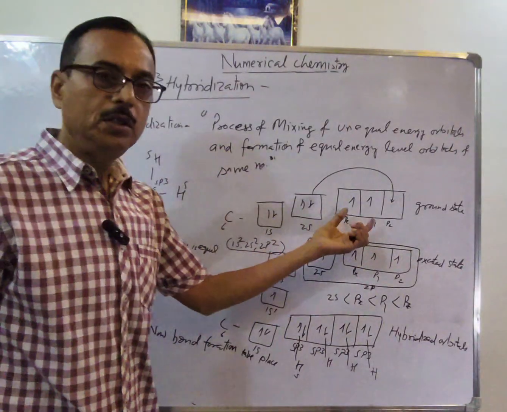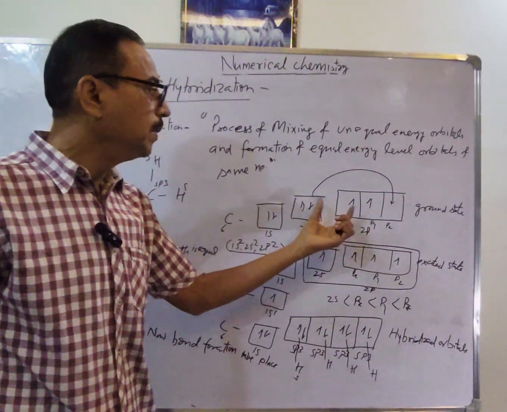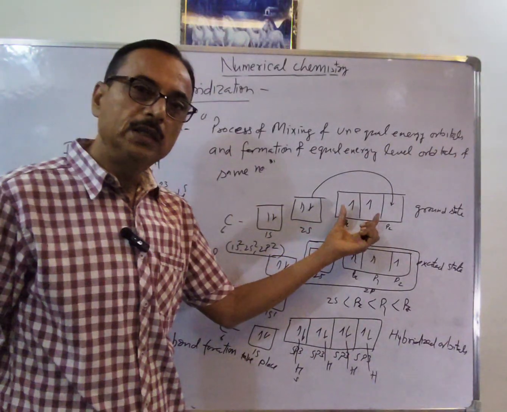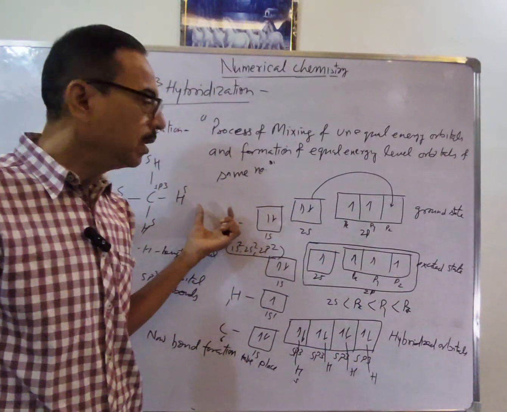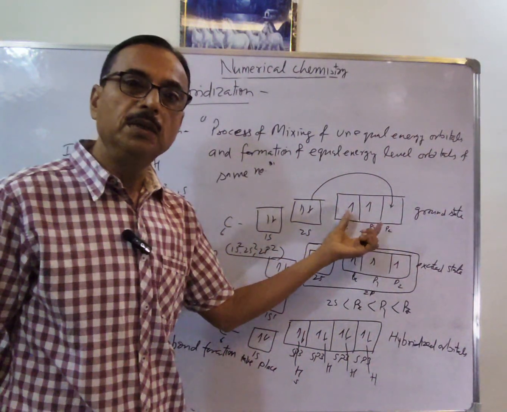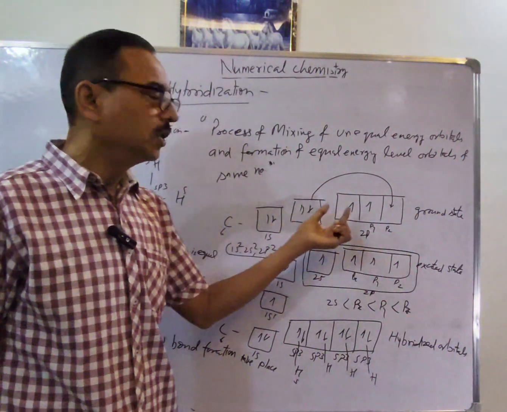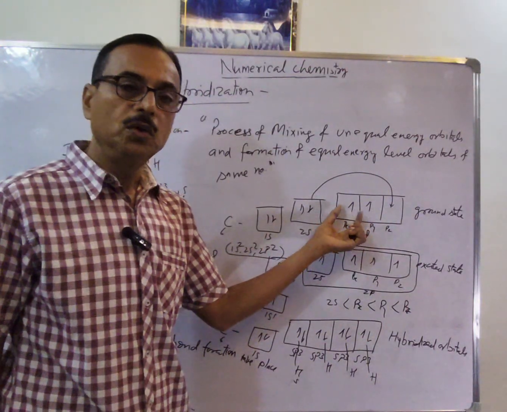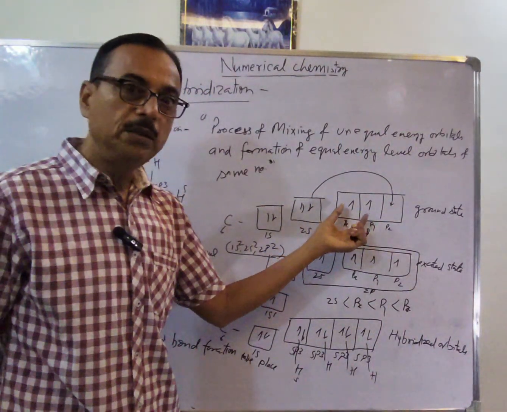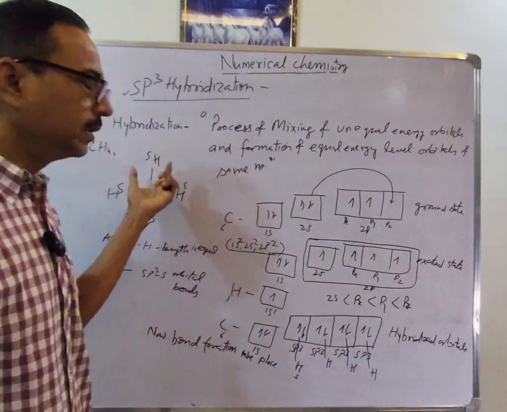Carbon in the ground state has two unpaired electrons. It means carbon will show two valency. Every element completes its octet by sharing, receiving or donating electrons. So here carbon has two single electrons, so it should show two valency, but it is found that carbon shows four valency, as in CH4.